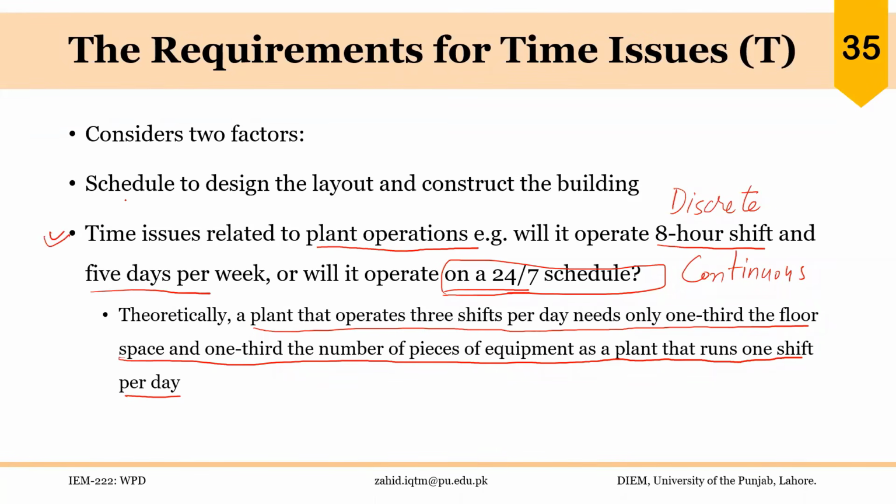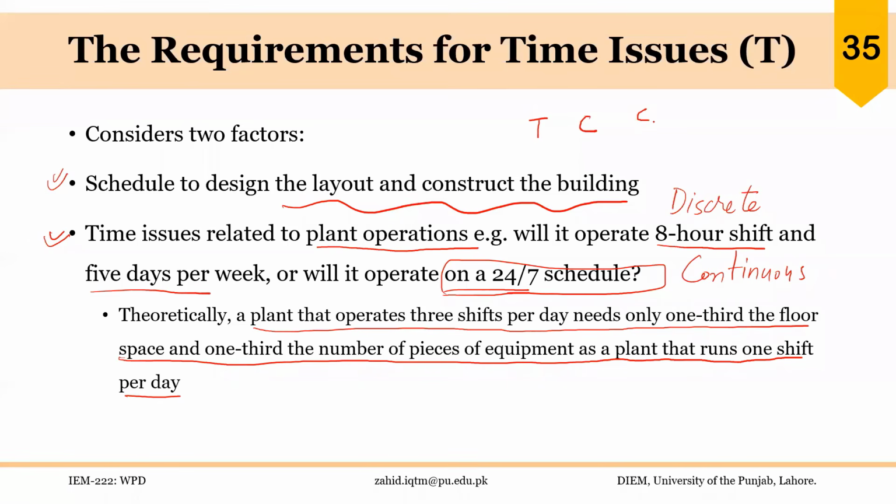The second aspect is the time requirements to design the layout and construct the building. As I mentioned, the layout design and construction of the facility is a project itself. And we saw that there are 3 important aspects in projects.